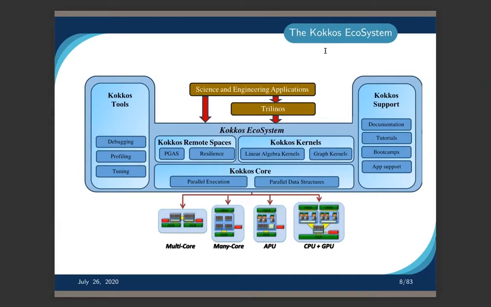There's the Kokkos support, which is actually funded through ECP, which gives you tutorials and development of material, etc., as well as running boot camps and optimization camps. And then there's the Kokkos tools effort, which does debugging and profiling and tuning.